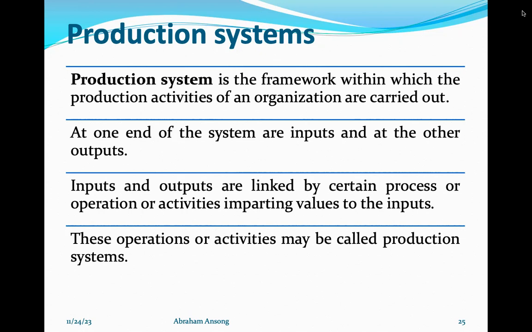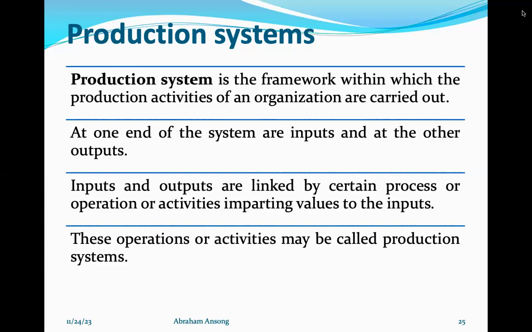It should be structured so that it begins with getting inputs into the system, and at the end of the system, you should be able to get some refined output or finished products. So inputs and outputs are linked by certain processes or operations or activities imparting value to the inputs.